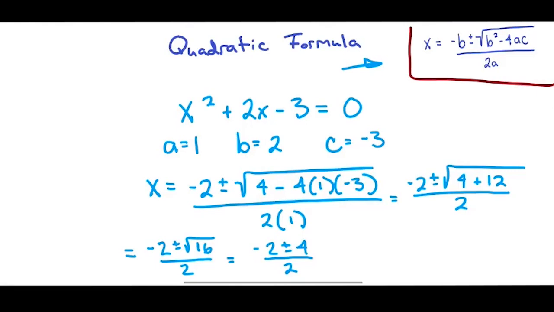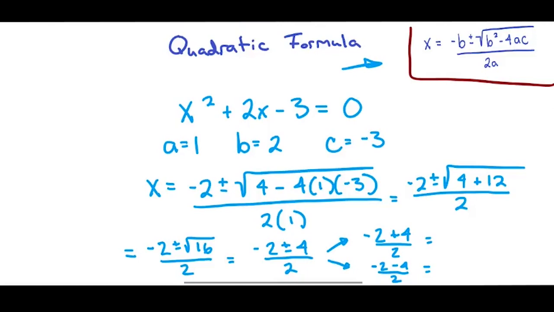Now it becomes two equations. It becomes negative 2 plus 4 divided by 2, and negative 2 minus 4 divided by 2.